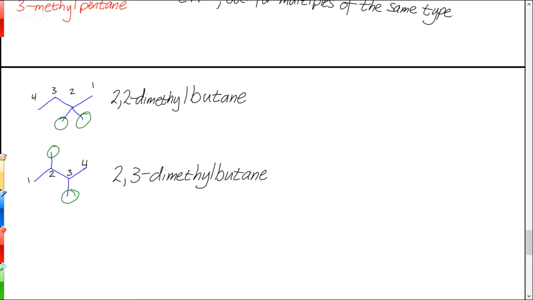So this is going to be 4-ethyl, and then 3,3-dimethyl. 4-ethyl, 3,3-dimethylhexane.